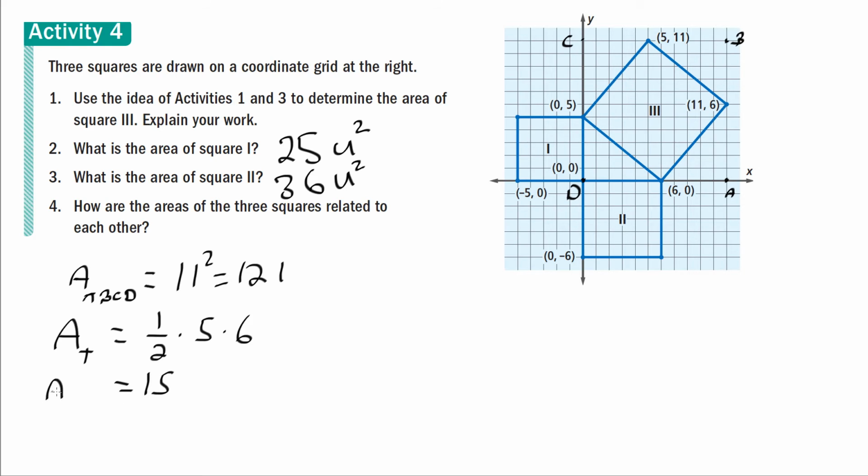And the area then of our square 3 is equal to 121 minus 4 times 15.